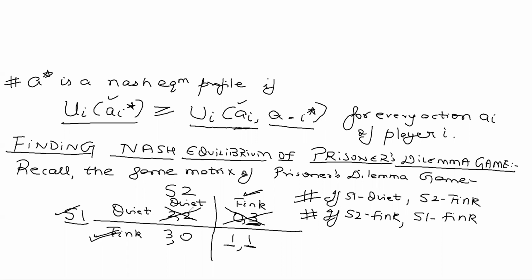So 1 is more than 0, suspect 2 will think. That means this is not the Nash equilibrium. So what's the Nash equilibrium? The Nash equilibrium is think, think, because we have achieved a dash below both the payoffs.